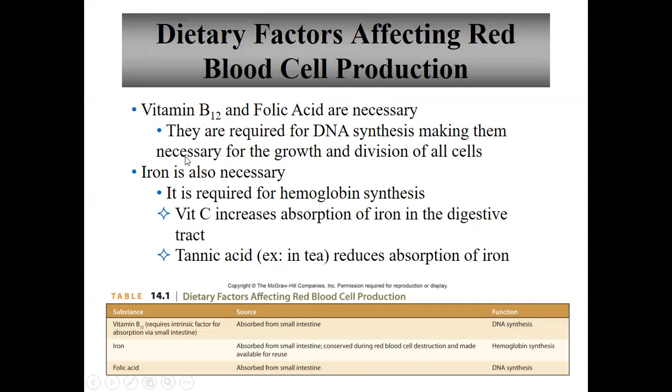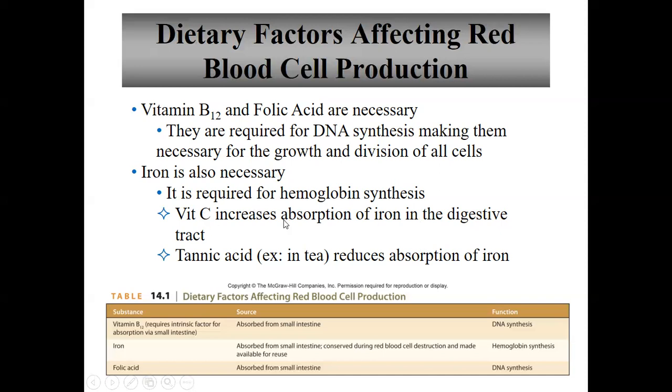All right, because it stops the blood from making red blood cells. Iron is also necessary for red blood cell production. It is required in synthesis of hemoglobin, which is the molecule that actually carries oxygen from one place to another. Vitamin C is necessary to increase the absorption of iron in the digestive tract.